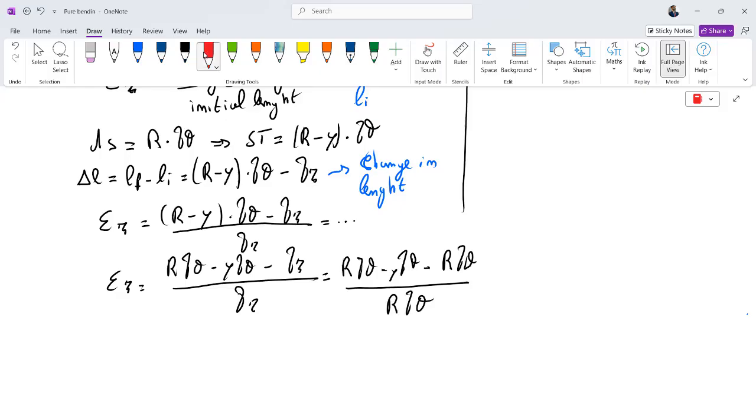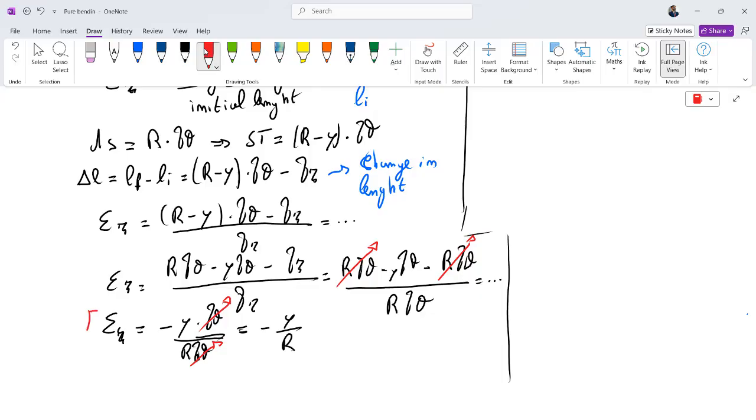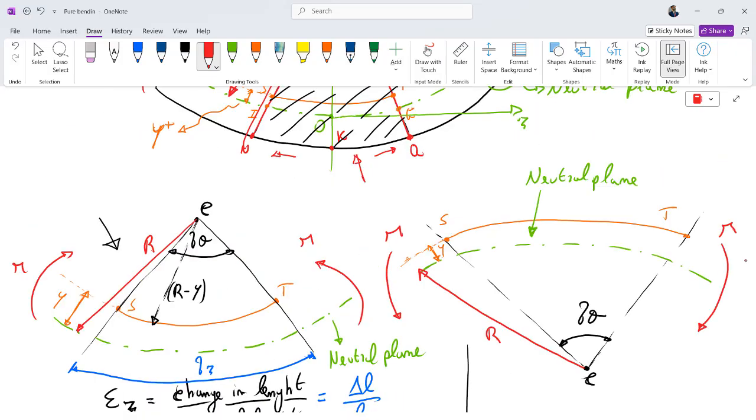We can simplify r d theta and obtain that the strain epsilon z is equal to minus y d theta divided by r d theta. The d theta terms simplify, and so we obtain that the strain is equal to minus y over r. So we derived the strain for the bending moment that is anti-clockwise.